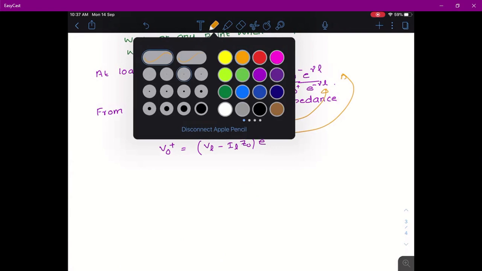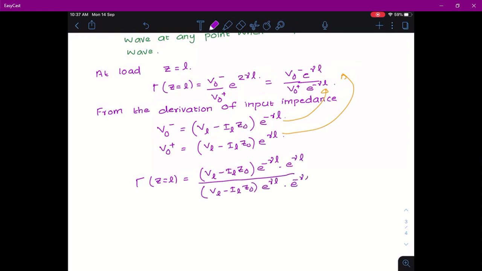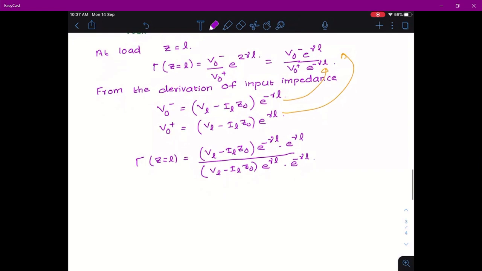Okay. So, let us substitute this equation in this. So, you can see that tau of Z equal to L, at load, is equal to VL minus IL Z0 e raised to minus gamma L into e raised to gamma L divided by VL minus IL Z0 e raised to gamma L into e raised to minus gamma L. So, e raised to minus gamma L into e raised to plus gamma L is equal to 1. Similarly, this is also equal to 1.